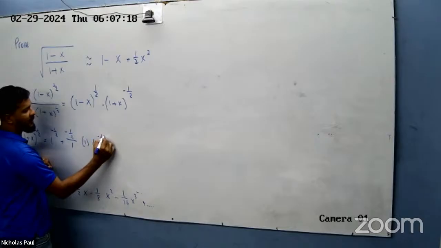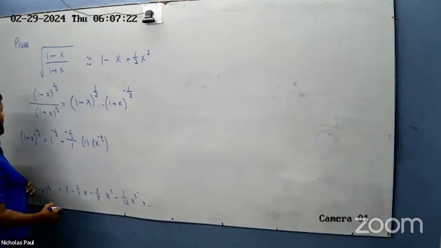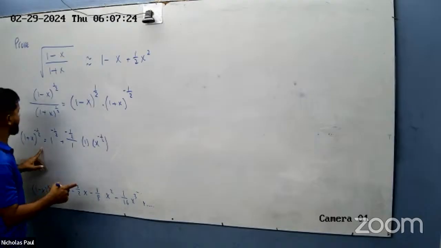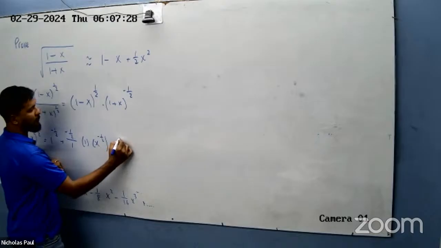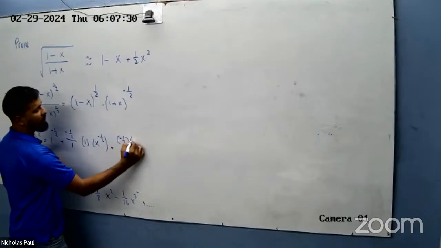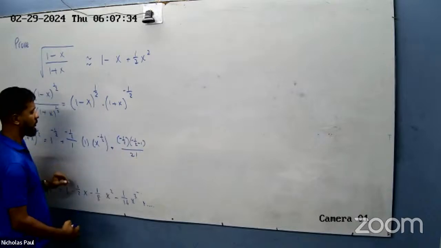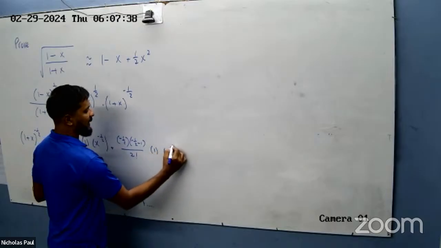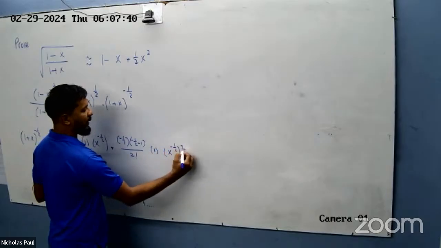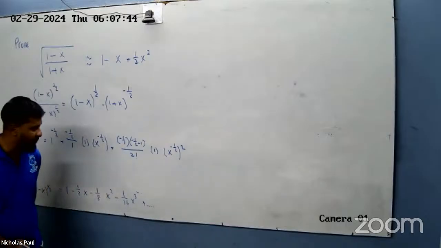By x to the minus a half, plus minus a half by minus a half minus 1 over 2, by 1 by x to the minus a half squared. Right? So this is minus a half.